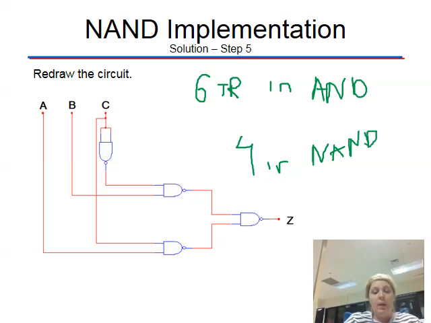So if you multiply these numbers, your AOI circuit will have more transistors than this one.